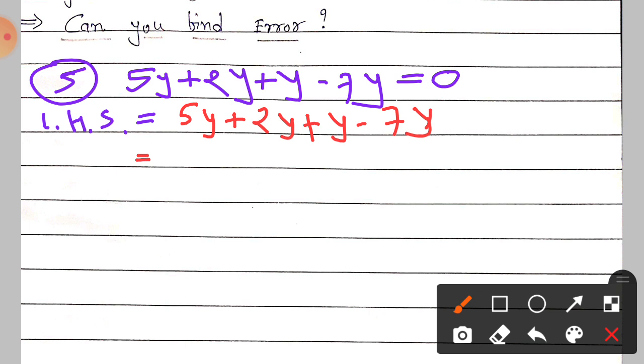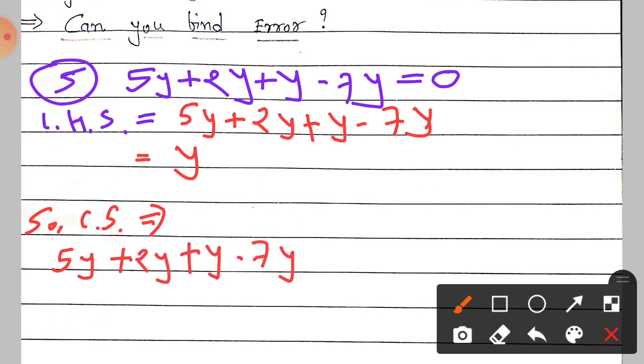That's y times 5 plus 2 is 7, 7 plus 1 is 8, 8 minus 7, that is y. So the final answer is y. So there is an error in this question, so the correct statement implies 5y plus 2y plus y minus 7y is equal to y. Correct, this is your correct statement. Okay, so now move on to the next question.